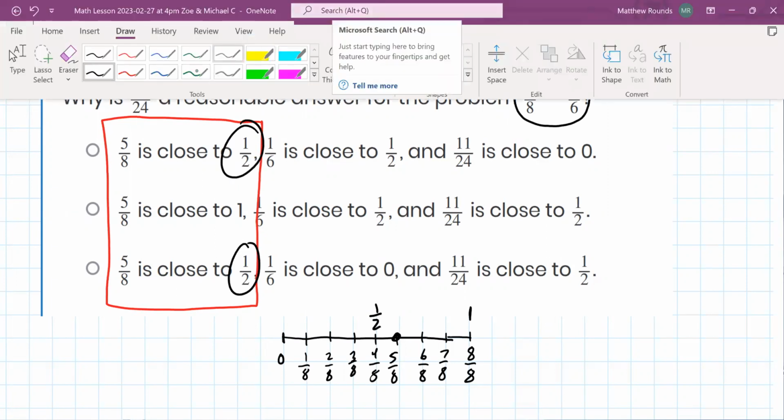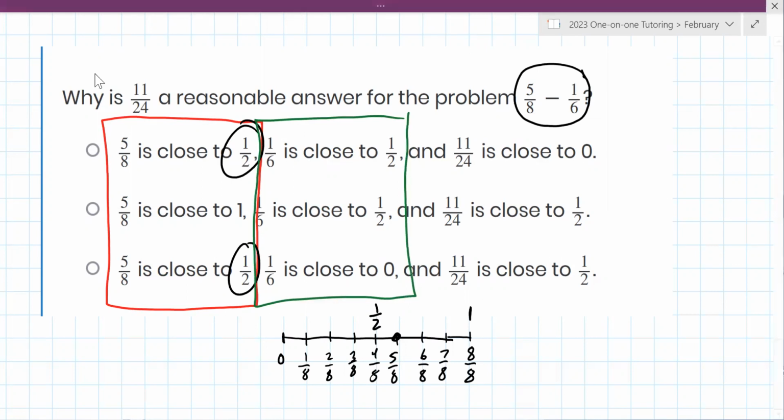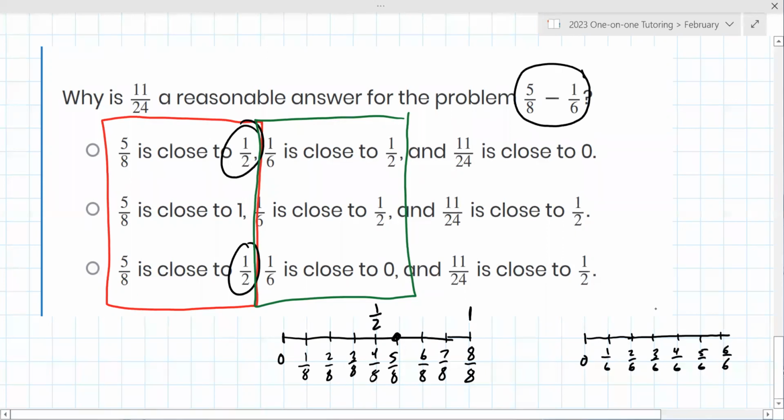So let's look at the next one. 1/6 is close to, okay. So 1/6. Let me draw a new number line here. 1, 2, 3, 4, 5, 6. 1/6, 2/6, 3/6, 4/6, 5/6, 6/6. So here is 1/2, and here is 1/6. And here is 0. So is 1/6 closer to 0, or is it closer to 1/2?